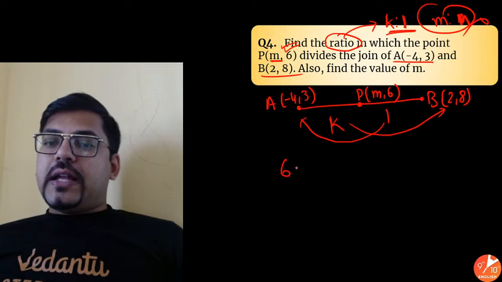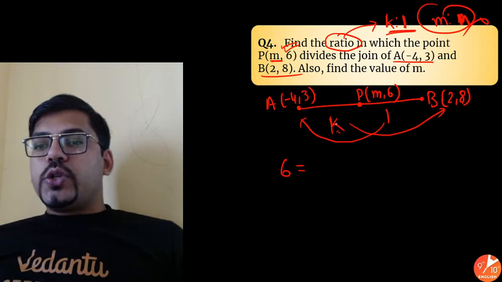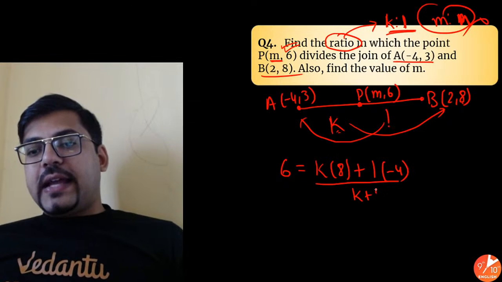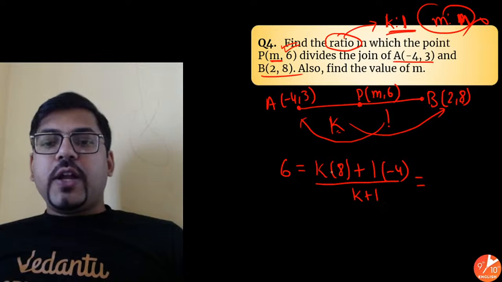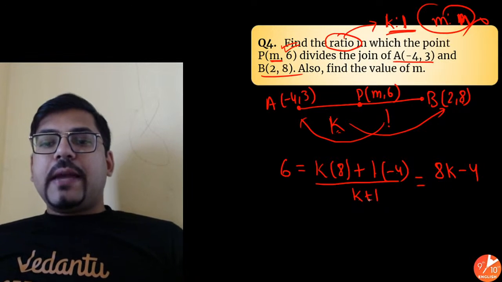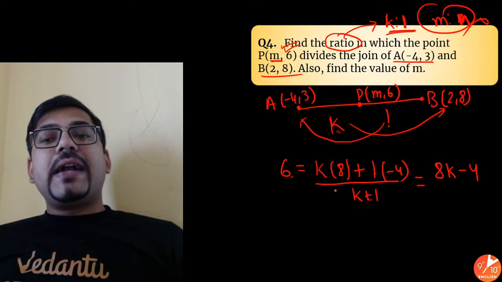y is equal to (m y2 plus n y1) divided by (m plus n), so k into 8, plus 1 into minus 4, divided by k plus 1. Hence we got 8k, and 1 into minus 4 is minus 4, and this k plus 1 gets multiplied on this side.